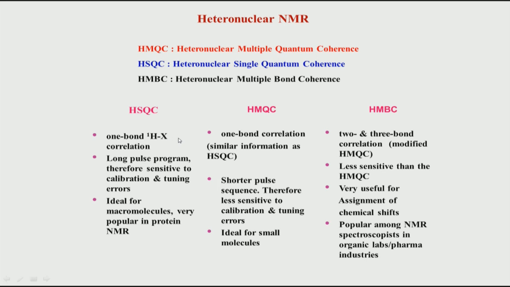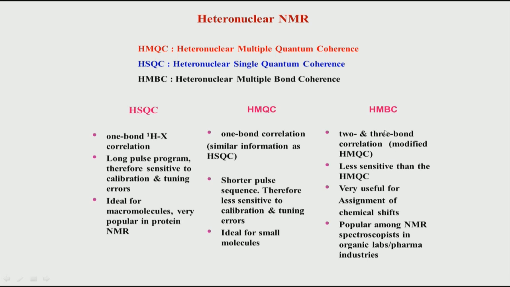Suppose I want to get carbonyl information, then carbonyl is not directly attached to a hydrogen. It is a little bit away, there will be at least a 2 bond or 3 bond separation between a proton and a carbonyl, and that information, that is, the proton chemical shift which is correlated to a carbonyl, is captured in this experiment.